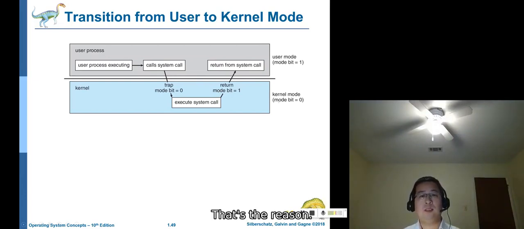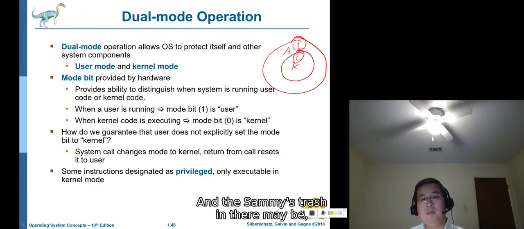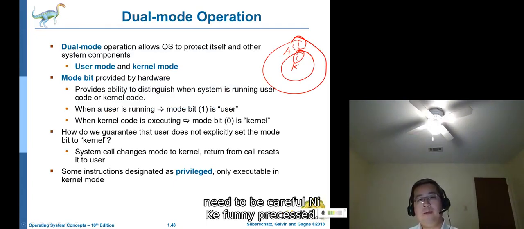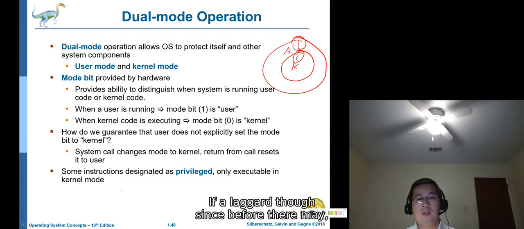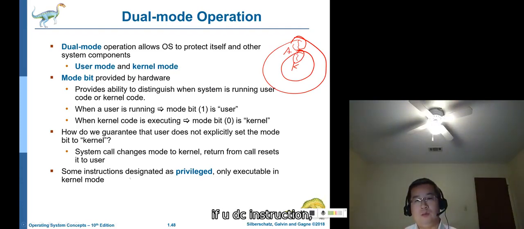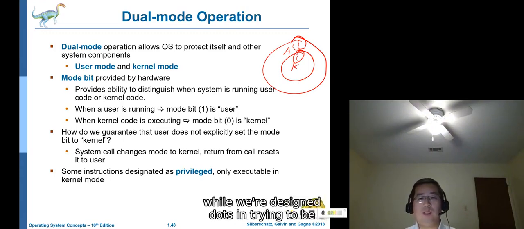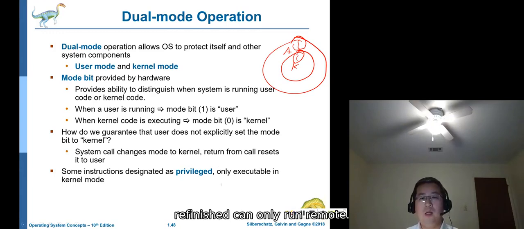That's the reason. Okay. And some instructions need to be carefully processed, because if you allow users to run those instructions, we may cause system errors. So we design those instructions to be privileged, so they can only run in kernel mode.